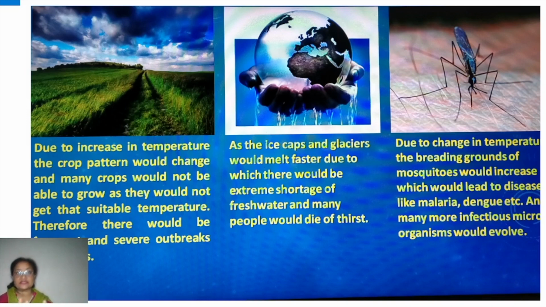Now the temperature conditions have changed in all parts, which can be easily observed. So the crops which were grown specifically in those areas have now changed to some other type. So this is again something which is going to disturb the entire cropping pattern.